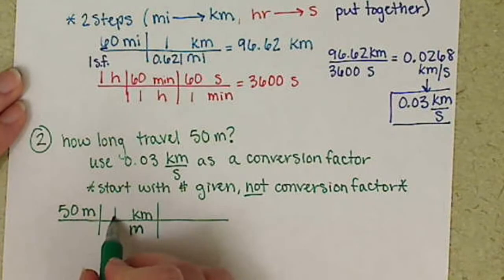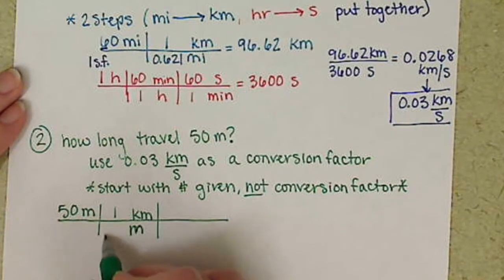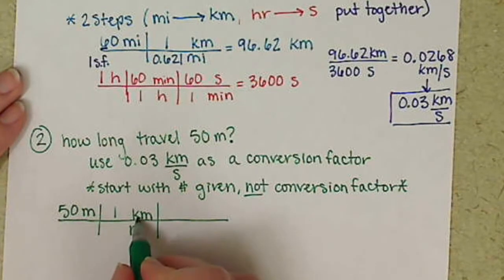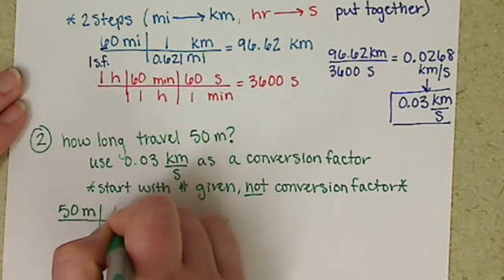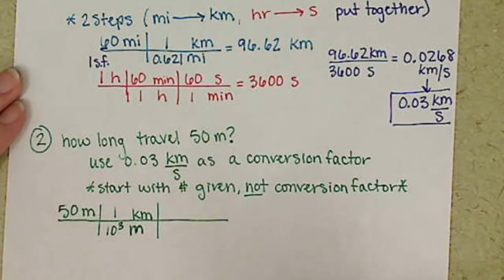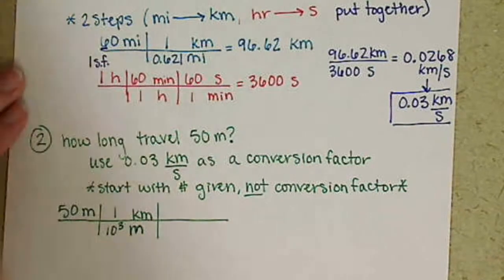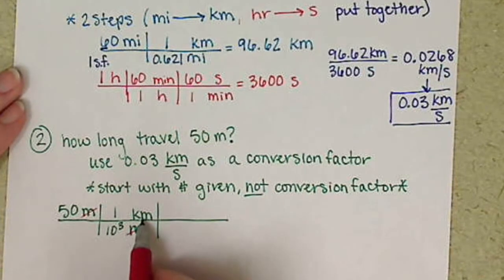So my 1 goes with the kilometer. Then we put the number down below of what that prefix is worth. So a kilometer is 10 to the 3. Remember, so we have 1 kilometer is equal to 10 to the 3 meters. Now our meters cancel. We have kilometers now.